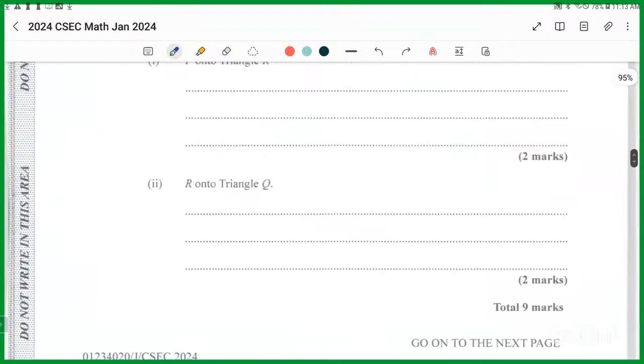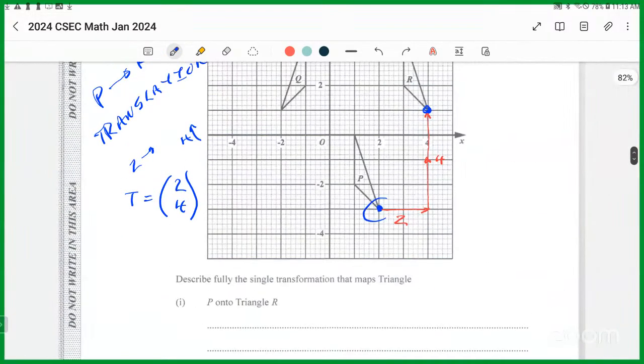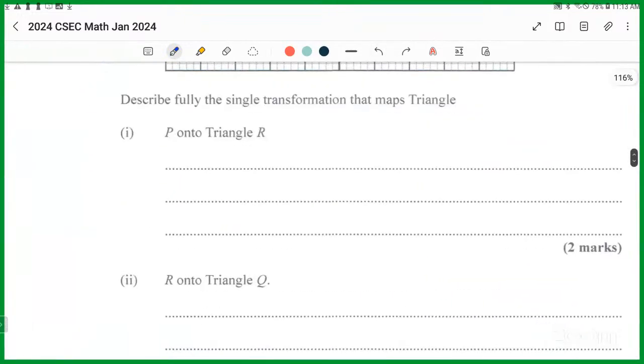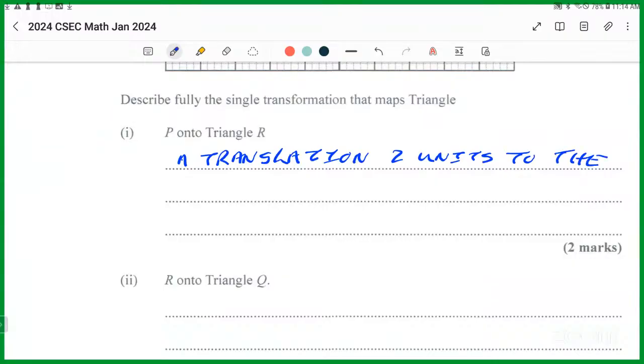And we only needed to use 1 point to see what it did. You don't have to do the entire triangle all at once. So let's write it here now. We're going to say it's a translation two units to the right and 4 units upwards.